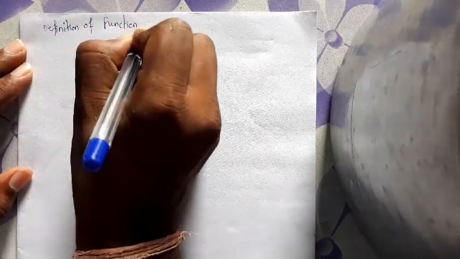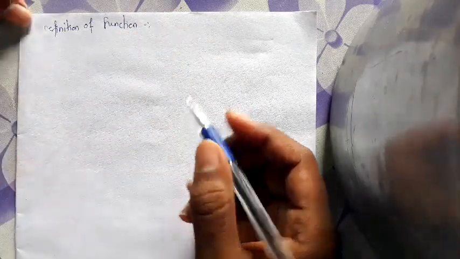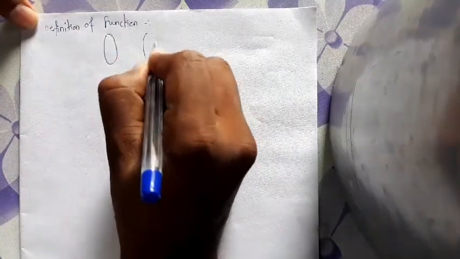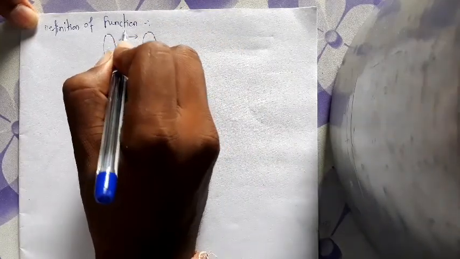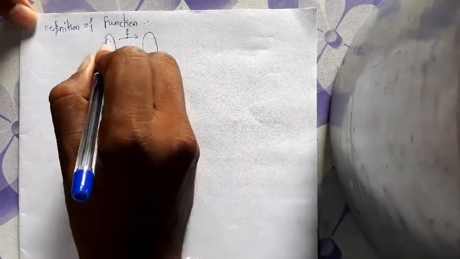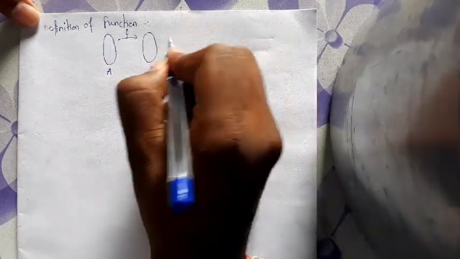In this topic, functions of several variables, first we'll see the definition of a function. What is a function? Function is, look here: if we have two sets A and set B, then the order relation that goes from A to B is called a function.